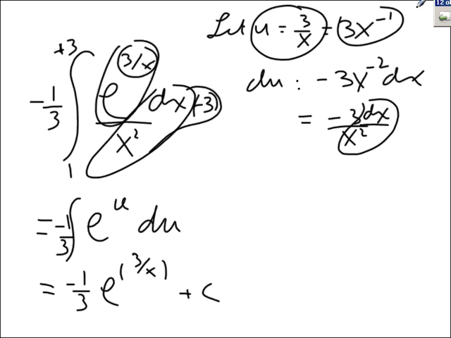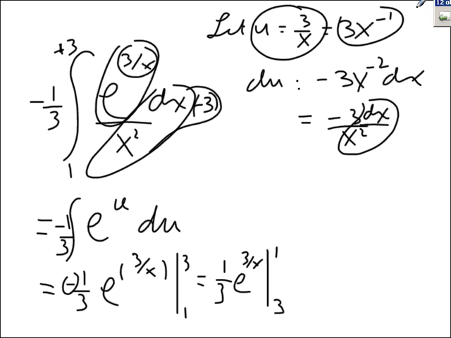Okay, it's not plus c, because we know it's a definite interval from 1 to 3. Again, I would not go from 1 to 3. I would go from 3 to 1. Why? Because I hate that negative in front. Plug 1 in, 3 over 1 is 3.